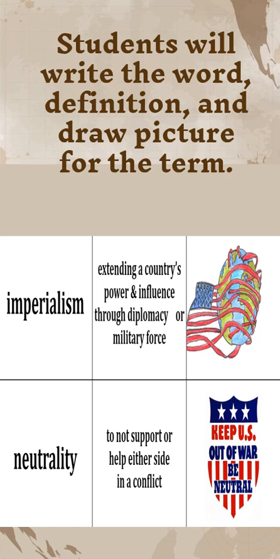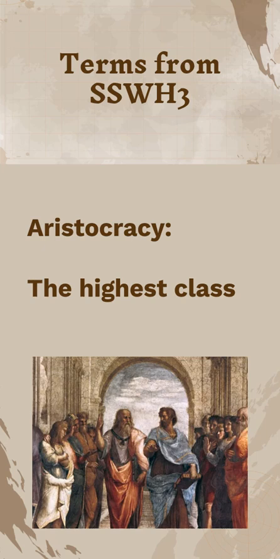Either way, I think it really reinforces them understanding either Tier 2 vocabulary, or Tier 3 for your content. So for Standard 3, I would say aristocracy. And then the kids would put the highest class and find an image search. We're looking at Greece and Rome in Standard 3.